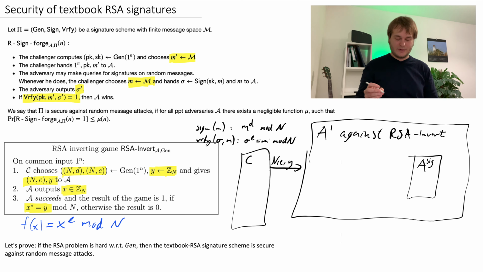And now A prime eventually wants to know a pre-image of y, and it hopes that the signature adversary can help with it. Because of the way the signature scheme works, if I want to sign a value m, I need to invert it, raising it to the power of d. So it's a natural choice to take the one random message that the adversary is supposed to sign and just make this y.